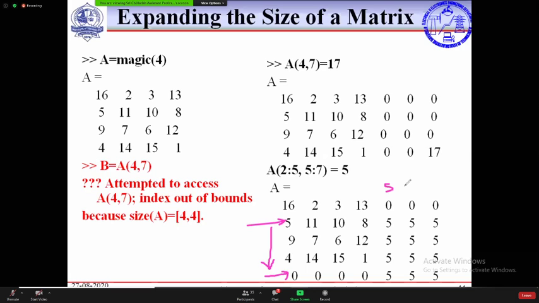This is the fifth column to the seventh column. What we are going to add, we are going to add this way. So all fives are required. So this is second row to fifth row. Is it clear, my dear friends? Yes, sir.